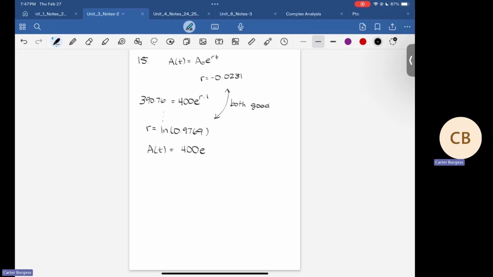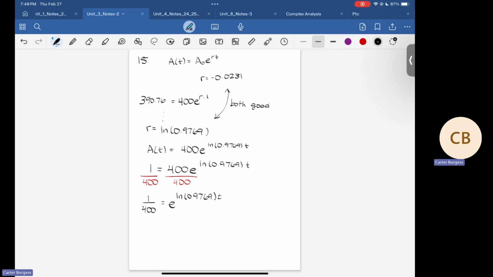So in this case, our equation, A of t, is equal to 400 times e to the ln of 0.9769 times t. And we want to know when that amount is going to drop down to 1. Dividing both sides by 400, I get that 1 over 400 is equal to e to the ln of 0.9769 times t.